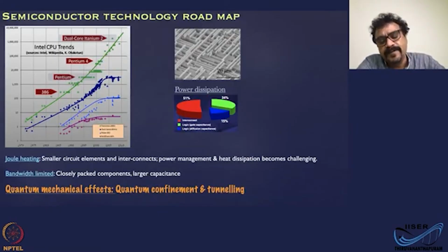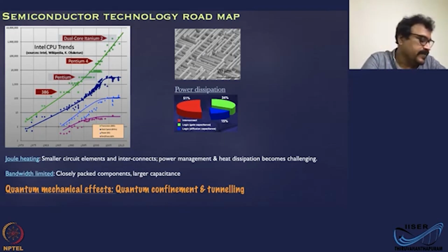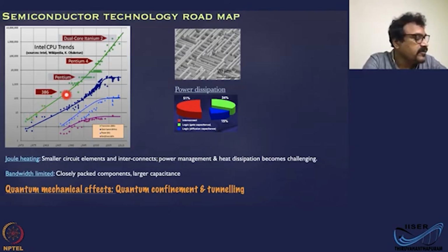So before we discuss the solid state qubits, let's look at how the computing technology or the semiconductor technology has evolved over the years. This graph is a little bit old, but you can get a feeling how fast the density of devices on a processor has evolved.